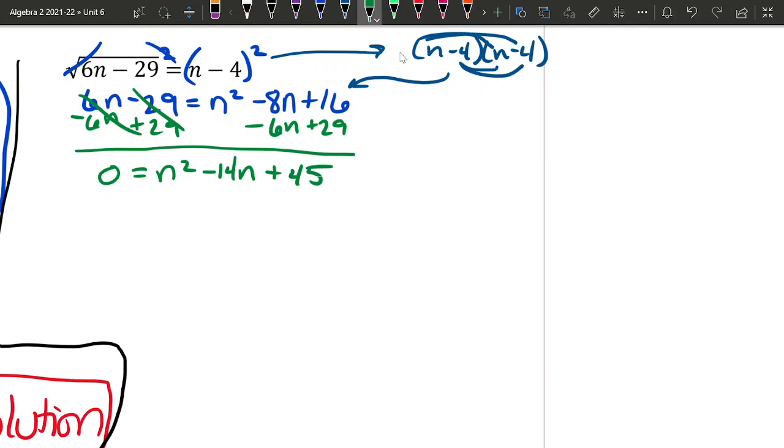And then factoring, multiply to 45 and add to negative 14. All right, so 9 times 5 is 45.